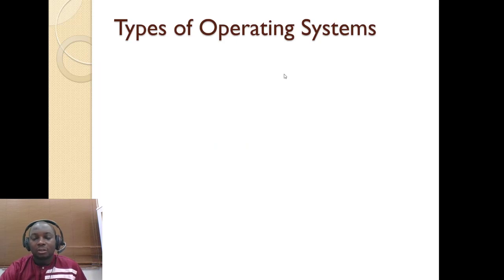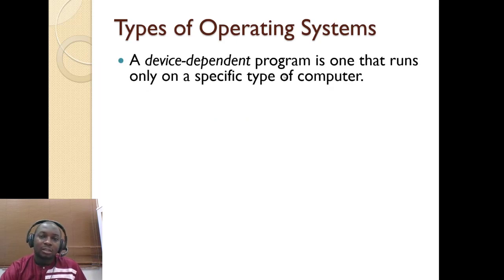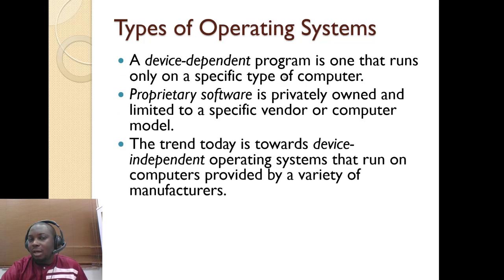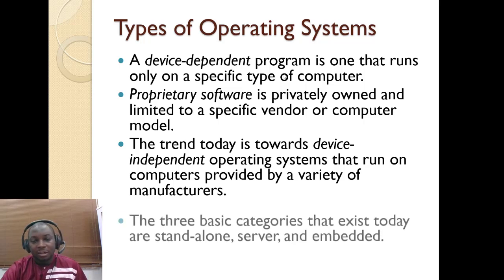There are different operating systems which are used in computers nowadays. The trend is changing a little, in that devices have independent operating systems that run on them, basically to provide different varieties from the manufacturers.